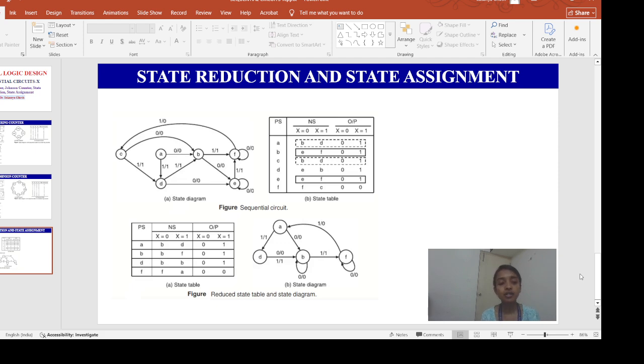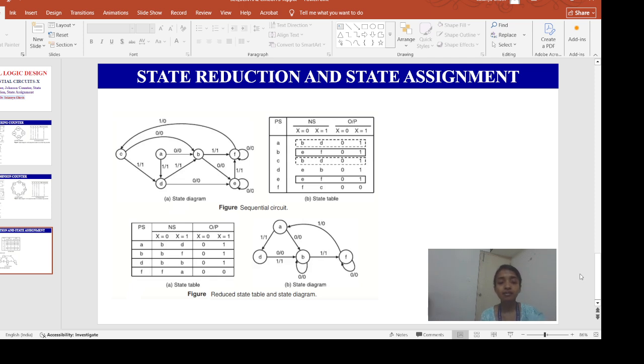Two circuits are said to be equivalent if every possible set of inputs generates exactly the same output and the same next state. When two states are equivalent, one of them can be removed without altering the input-output relationship.